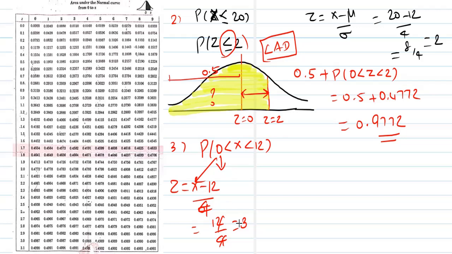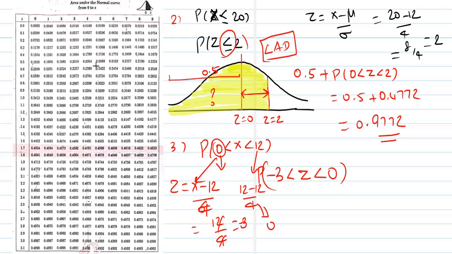So this is minus sign, so minus 3. So the 0 will be converted as minus 3 less than z. How about this 12? So 12 minus 12 by 4. So this will become equal to 0. So the quantity which was 0 less than x less than 12 will now turn out as minus 3 less than z less than 0.